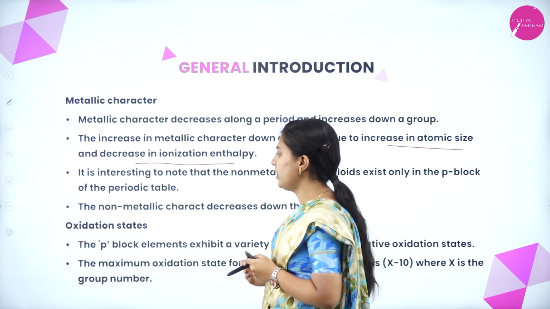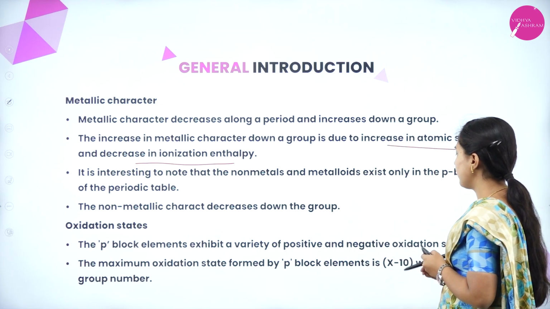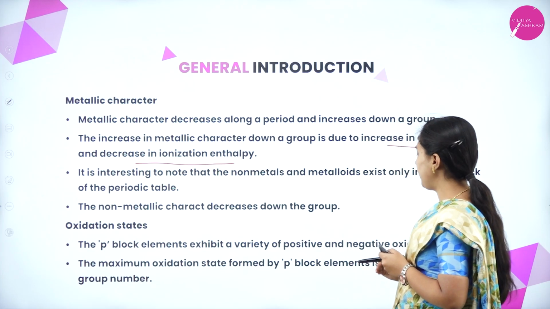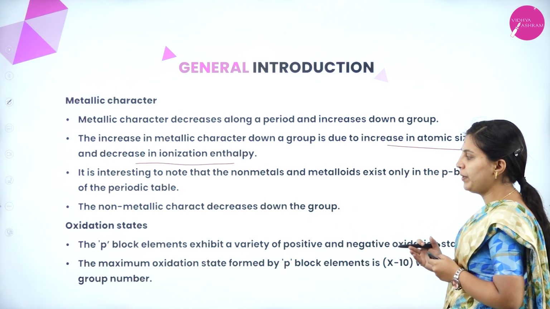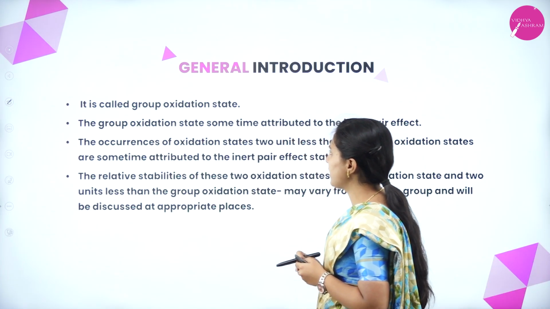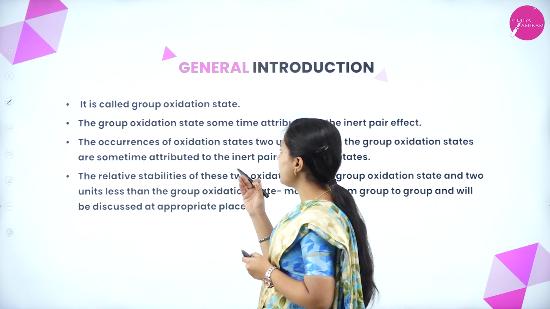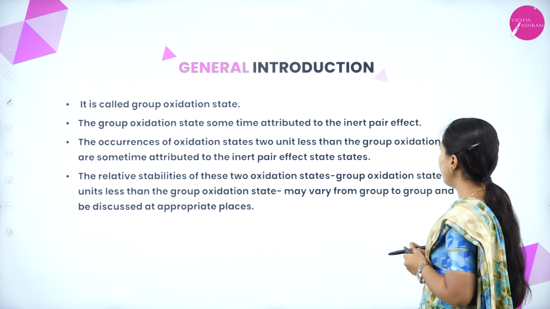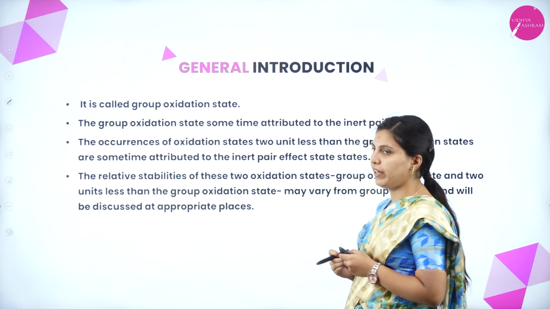Next, oxidation states. The p block elements exhibit a variety of positive and negative oxidation states. The maximum oxidation state shown by p block elements is equal to 10 plus X, where X is the group number. It is the group oxidation state. The group oxidation state is sometimes attributed to the inert pair effect. The occurrence of oxidation states two units less than the group oxidation state is sometimes attributed to the inert pair effect.